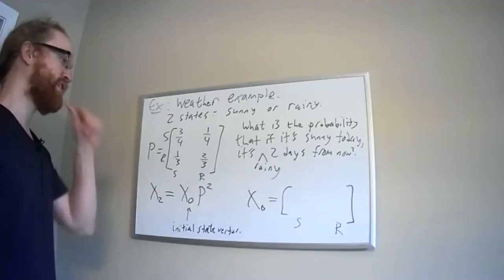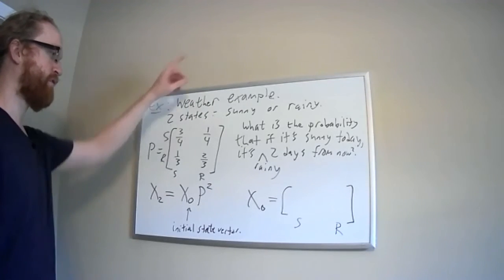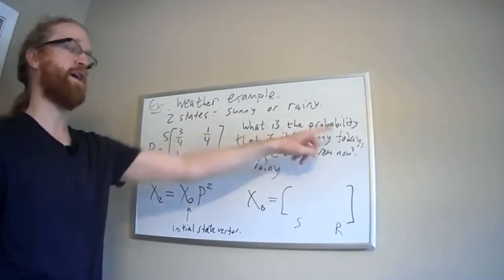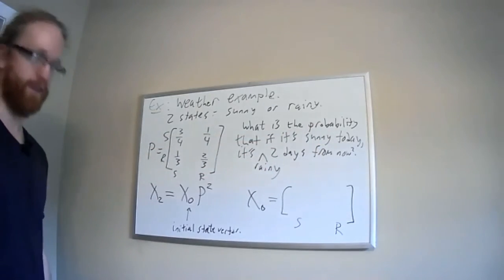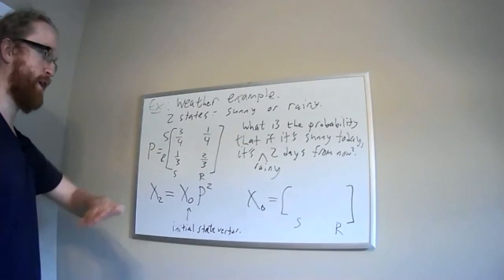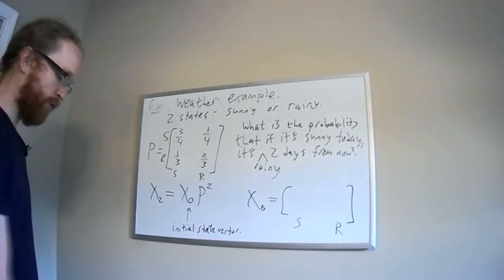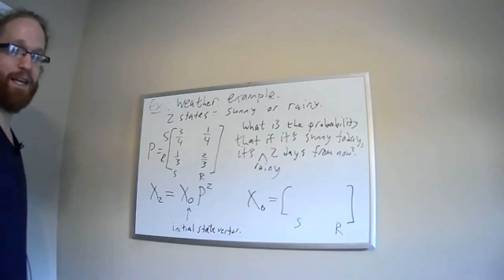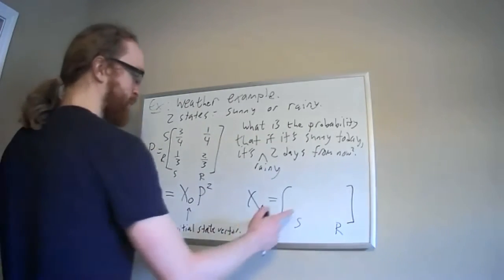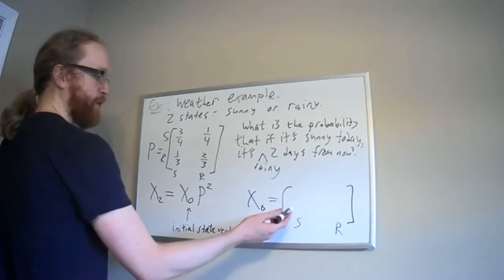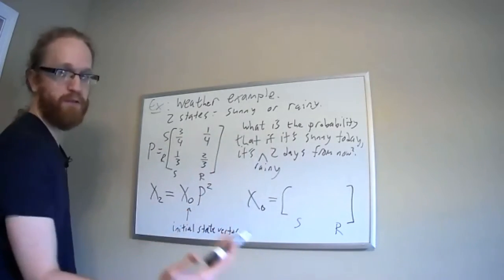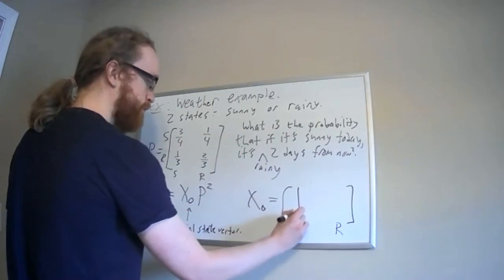Well, what's our situation that we're considering? We're considering the case where it's sunny today, i.e. initially it is sunny. Without any doubt, it is sunny. So if I'm assuming that it is sunny and not rainy initially, what does that mean probability-wise? Well, what's the probability of it being sunny? I know that it is sunny, so the probability is 1.